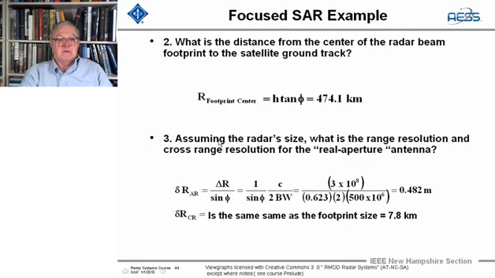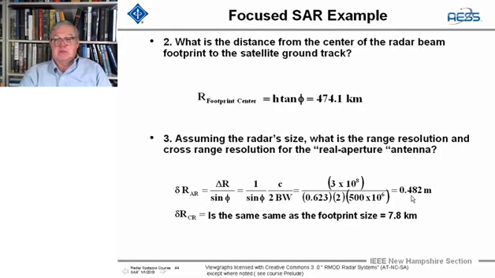Now we want to look at the radar size that we've talked about. What is the range resolution and cross-range resolution for the real aperture antenna? In the range dimension, it's just delta r divided by the sine of phi, because we've got the grazing angle issue coming into play, and delta r is just c over twice the beam bandwidth.